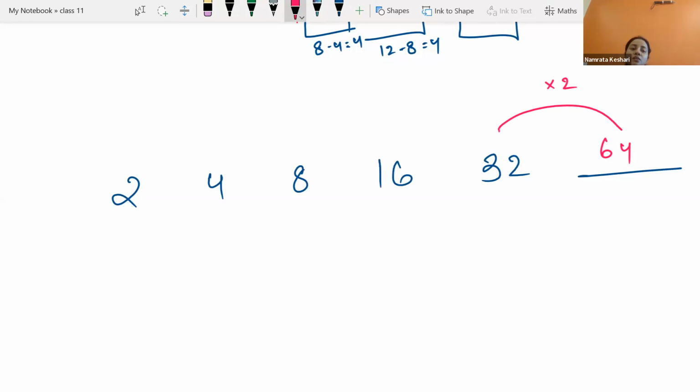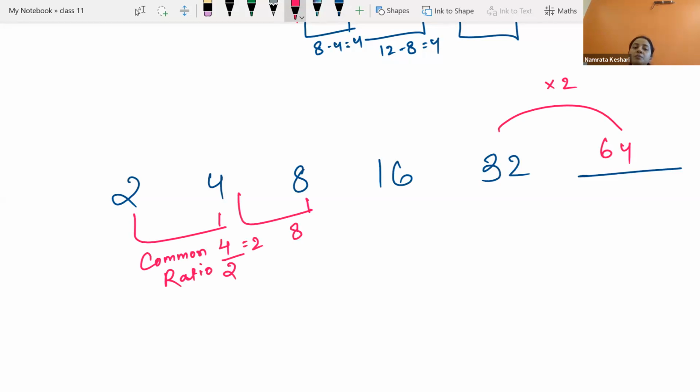Okay, what is happening here? Here you will check the common ratio. What does that mean? Your second term divided by the first term gives 2. Next, your third term divided by the second term gives 2. Next, your next term divided by the previous term gives 2.